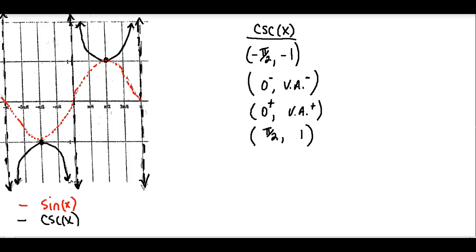And from there we just flip the points. So we see that the portion of sine x that has the upward hump like this, if we flip it about the point (π/2, 1), then it goes up like this. And the reason why we're flipping it is because, as we know, the cosecant function is just the reciprocal function of sine. So, of course, we know cosecant x is equal to 1 divided by sine x.